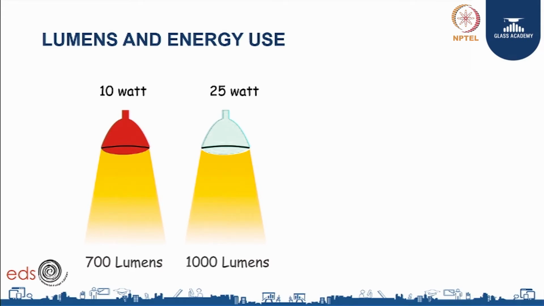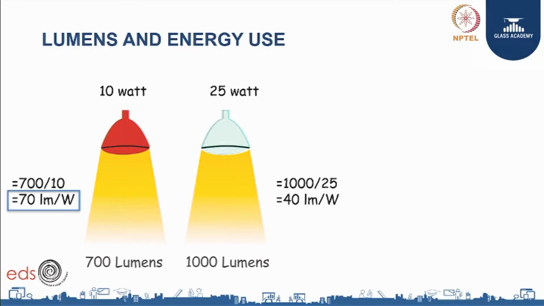If we translate this into efficacy values, we get 70 lumens per watt for the red lamp and 40 lumens per watt for the green lamp. So it's now clear, and it changes the perspective: from an energy use perspective, I would definitely like to go with the red lamp because it is giving me more light output compared to the input of electricity into the fixture.